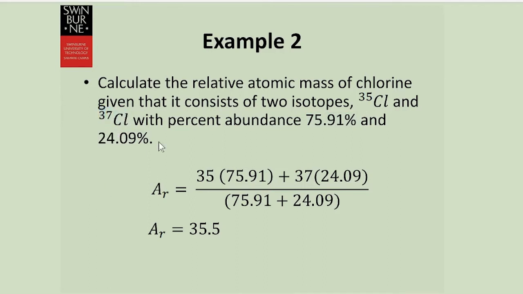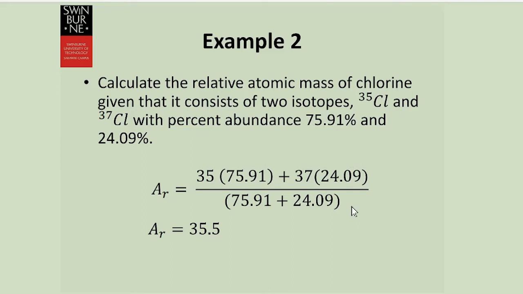So how do we express the average relative atomic mass for this? By the formula you have seen, 35 times the percentage of abundance that we find in nature, that is 75.91. We multiply this and then sum it with the same thing for chlorine 37, that is 24.09, and we divide by the total percentage of abundance.